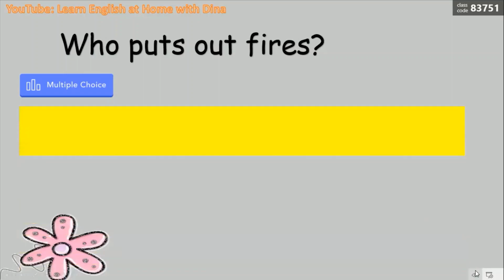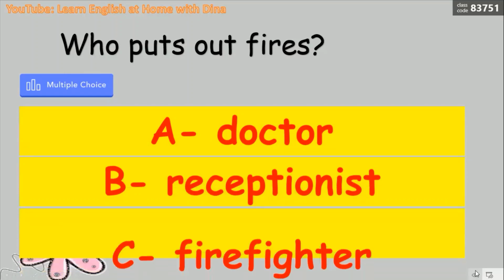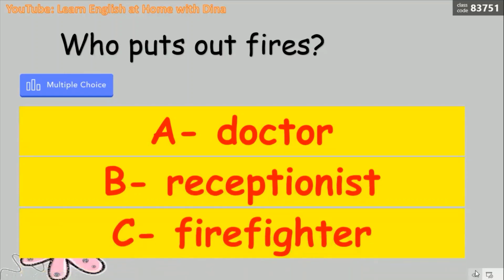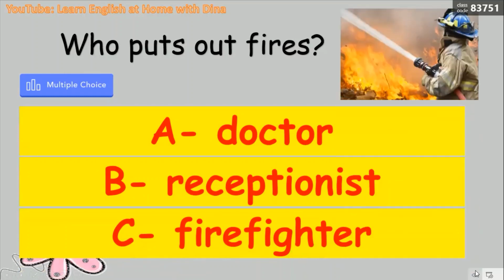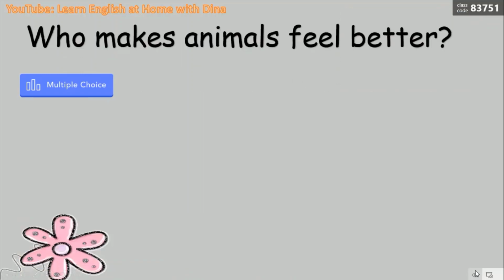Puts out fires يعني بيطفئ الحرائق. Is it a doctor, receptionist, or firefighter? Of course, the right answer is a firefighter. The person who puts out fires, يعني يطفئ الحرائق. Put out.